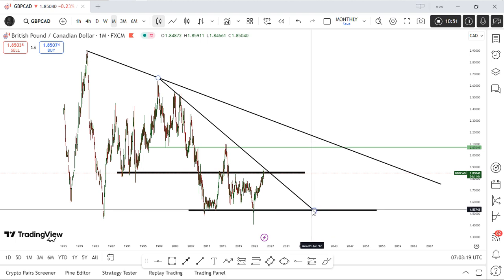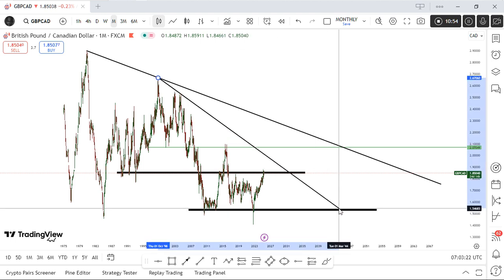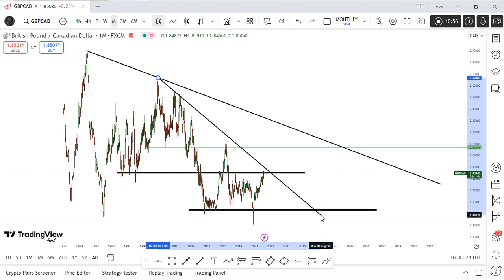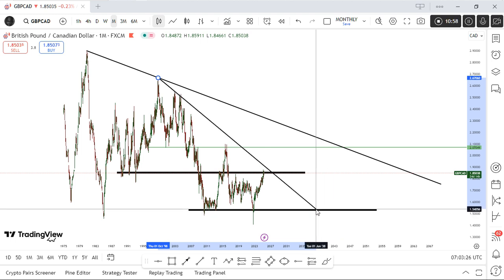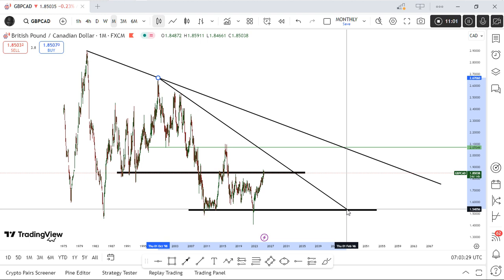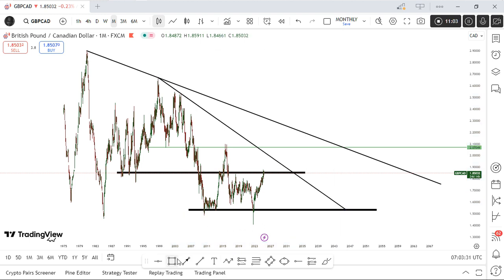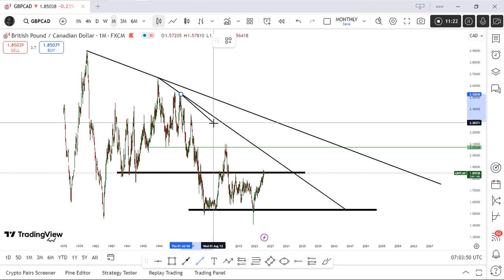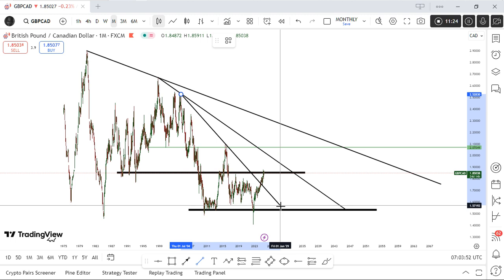I'm going to make it touch this guy. Let's plot it like this. So I'm going to pick out the third trend line, like so.